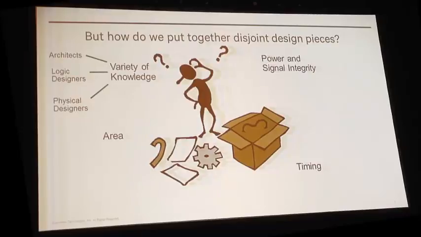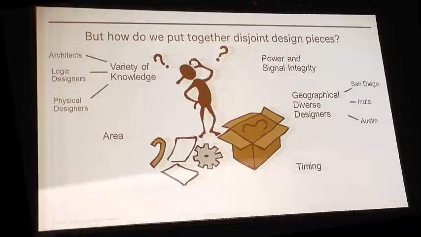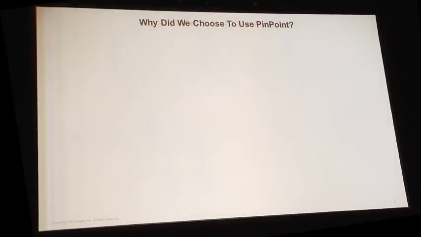We have architects, logic designers, and physical designers. And in addition to that, we have a very geographically diverse environment where there's some in San Diego, there's some in India, and there's some in Austin. So we really wanted a tool to put all these things together, and for us, that answer was Pinpoint.